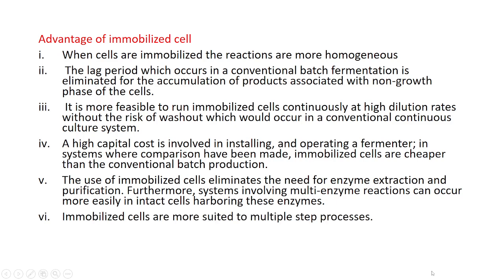Immobilized cells are more suited for multi-step processes, and cofactor regeneration is not a problem. If it was an immobilized enzyme, you might have to keep adding cofactor, but since it is a cell, whatever cofactor is needed will be present inside the cell. So these are the advantages of immobilized cells.